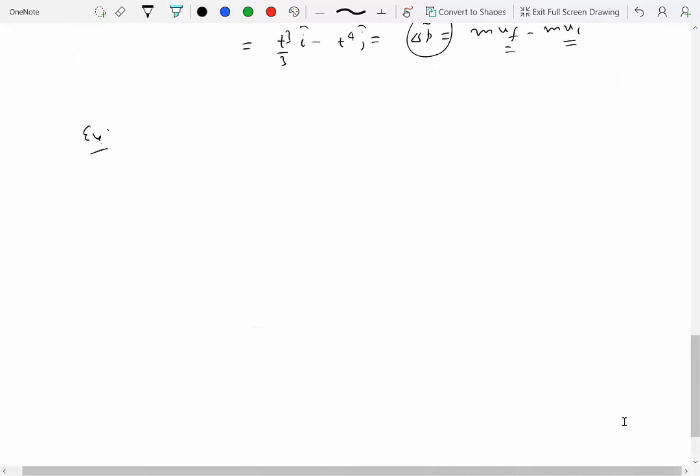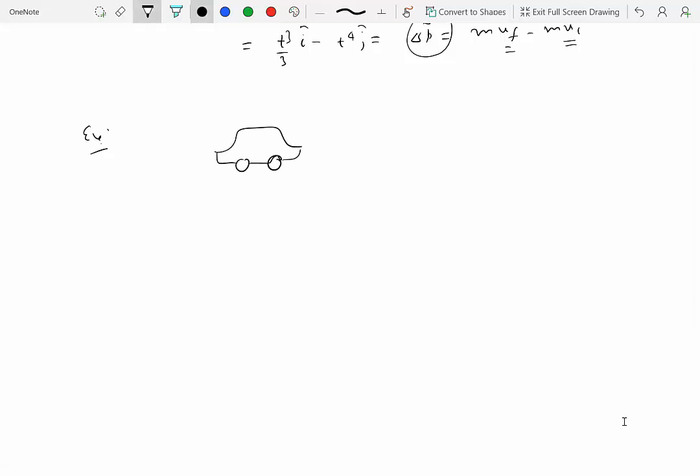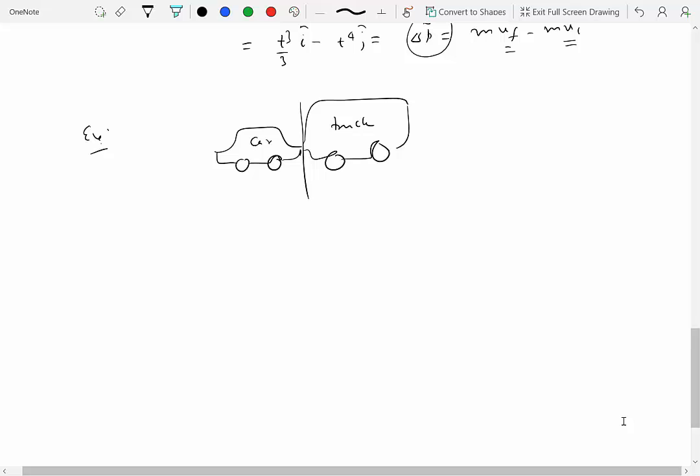I know that there is a car, and this car was involved in an accident with a truck. So this is the car, here is the truck. But we don't know the nature of the forces that acted on the car at the time of impact. This is a very short-lived event.